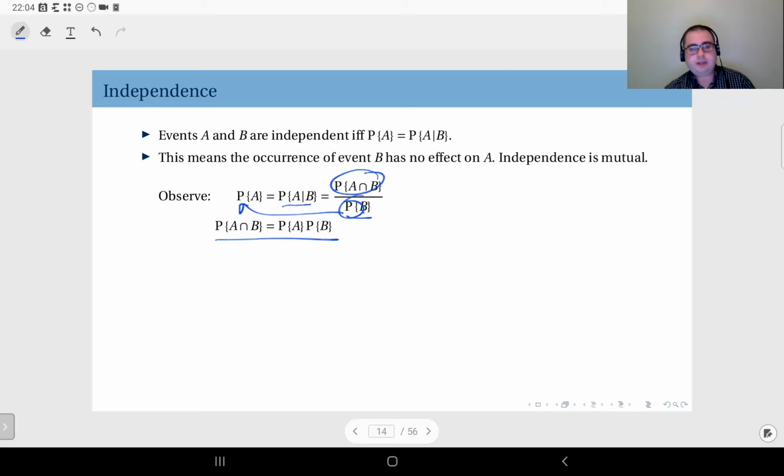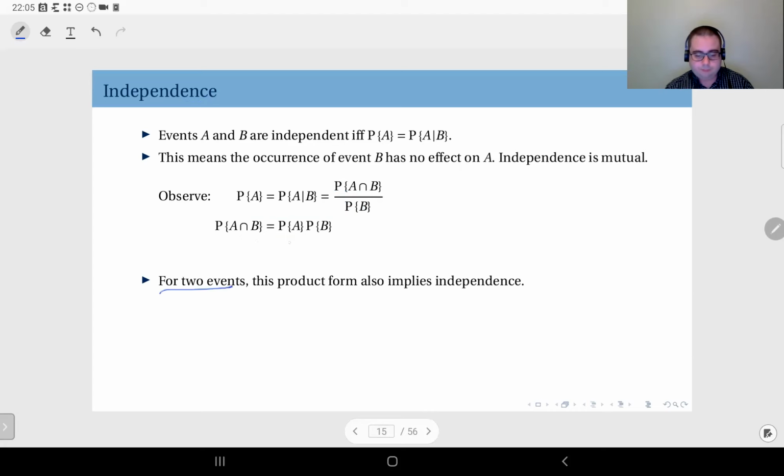If events A and B are independent, then the probability that they occur simultaneously is equal to the product of their probabilities. But this is not a general rule. Be careful. This is only when A and B are independent.